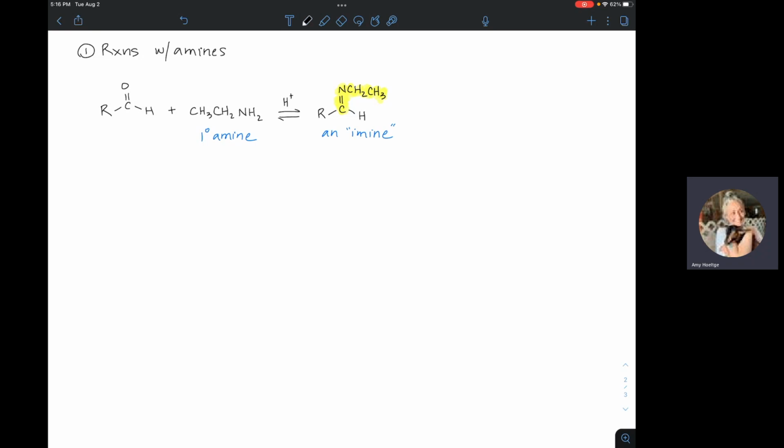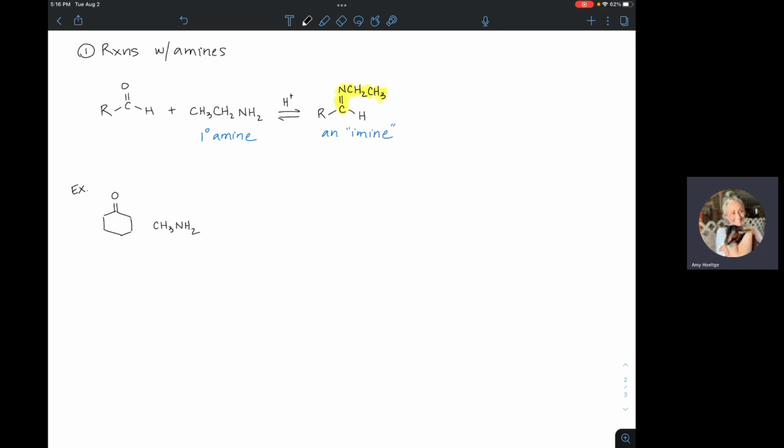So how does this work? Let me show you with, I guess we could do this with a ketone. Our generic example is done with an aldehyde. So I can take cyclohexanone, and I can allow this to be attacked by a primary amine.